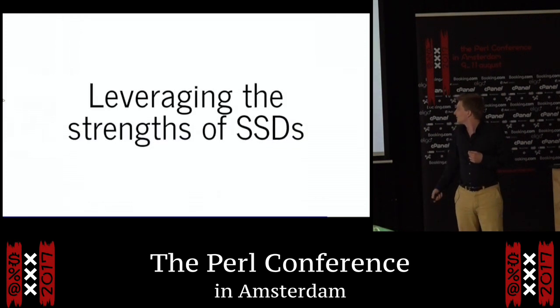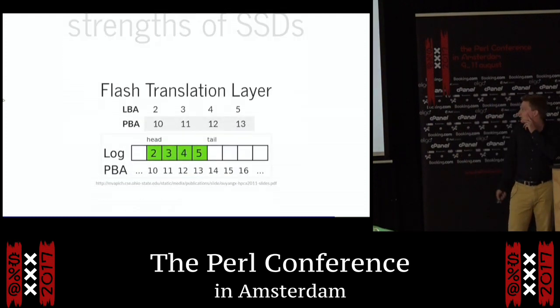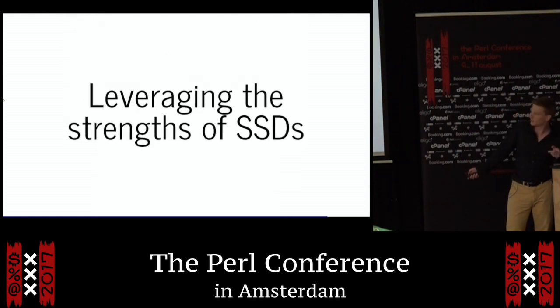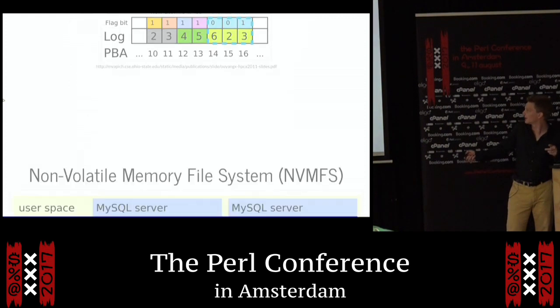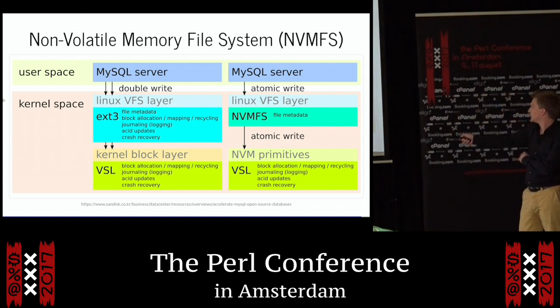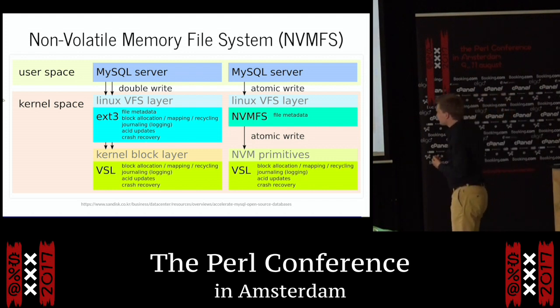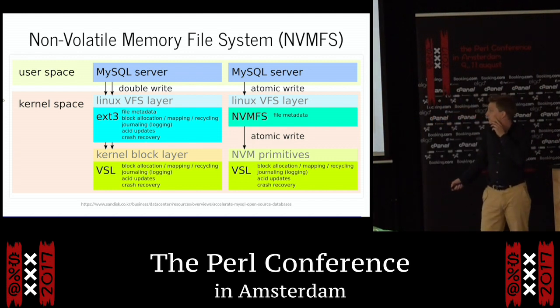And instead of suffering from the weaknesses, we want to leverage the strength of the SSDs. As I'm a little bit late, I'll just skip to the one slide that explains it all, this one. So this was our old setup. We had a MySQL server, and it used this double write buffer to write every update twice. In between, we had an ext3 file system that just used the regular block layer that was exposed by the SSD.